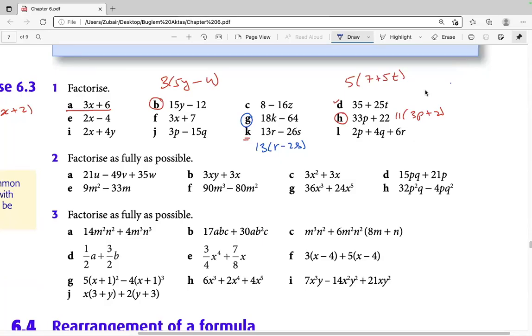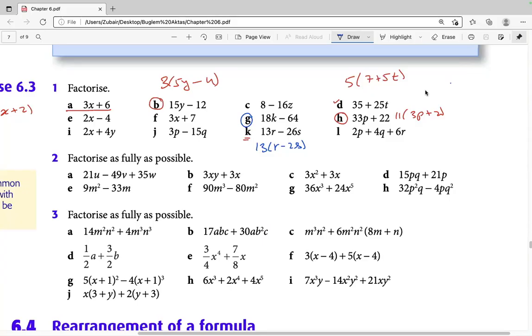G part. 3, 18 into k minus 3. 18 3 times is not 64.